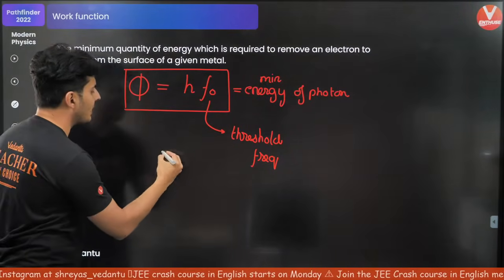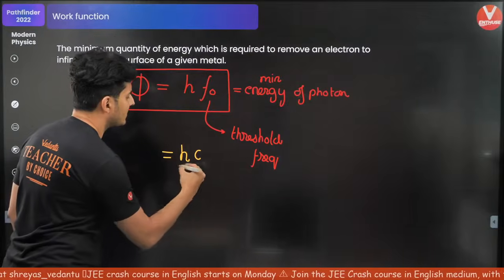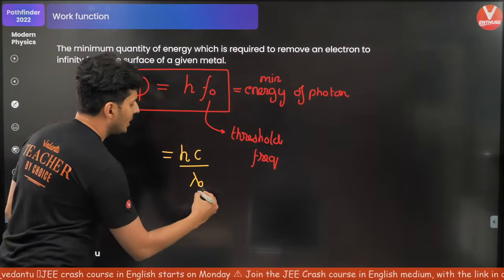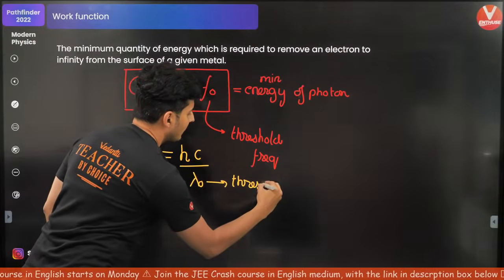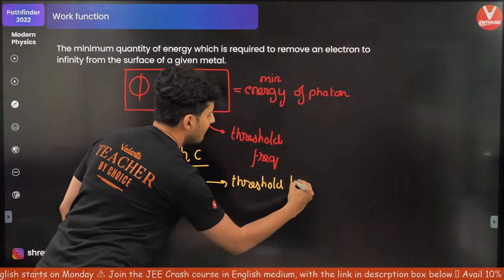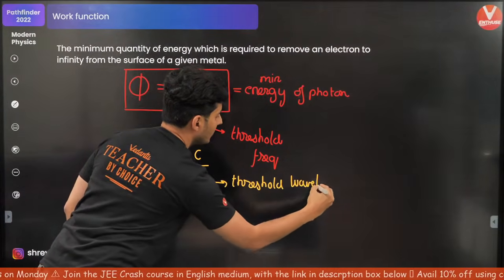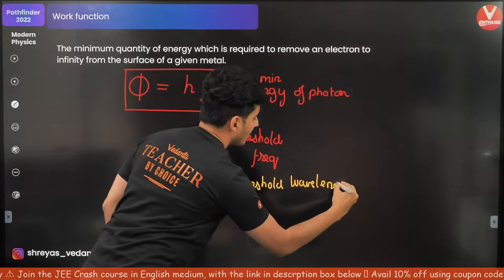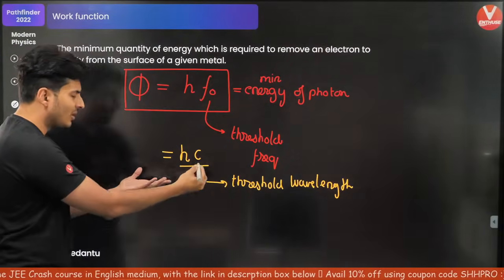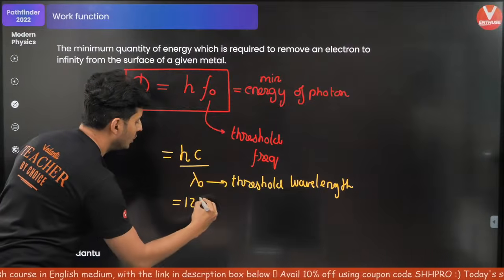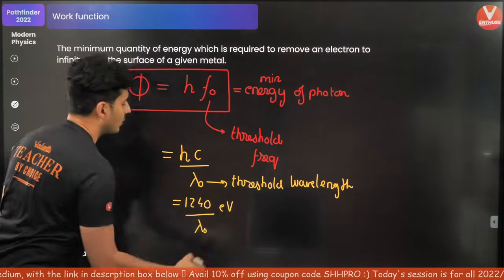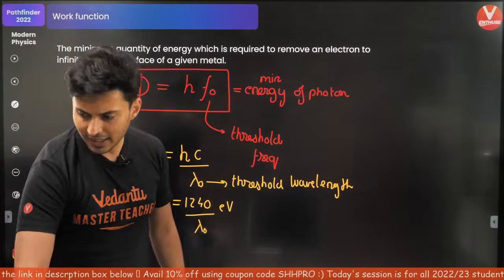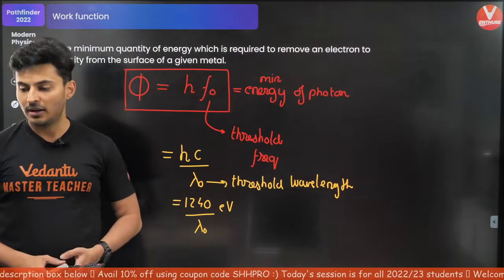You can also rewrite this formula as hc by lambda naught, and if you're wondering what lambda naught is, this is also called the threshold wavelength. Fair enough. Now you can also write this formula as 1240 divided by lambda naught in electron volt if you want to. This is how it is important.